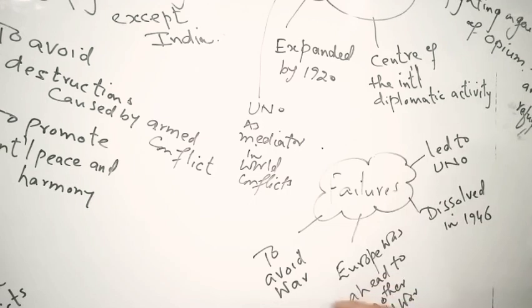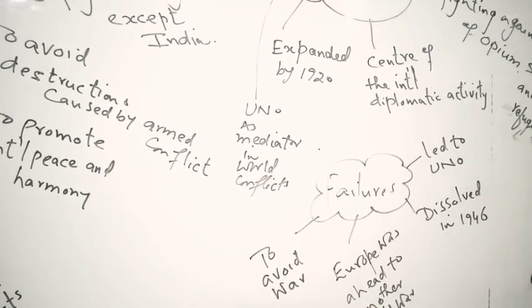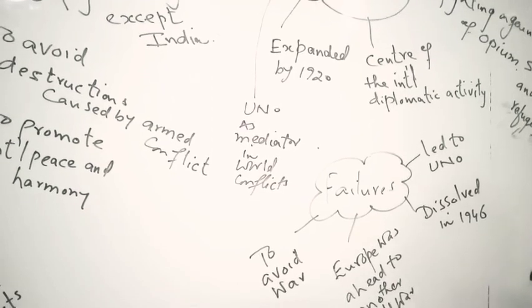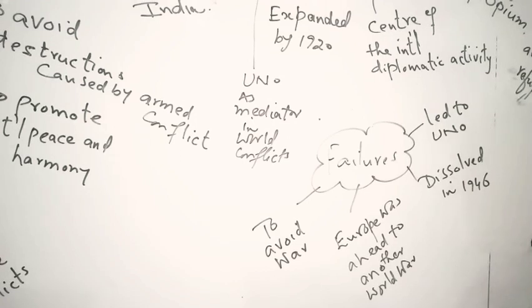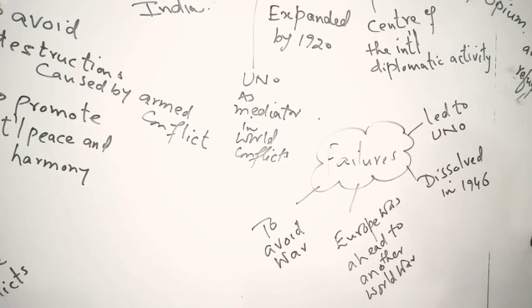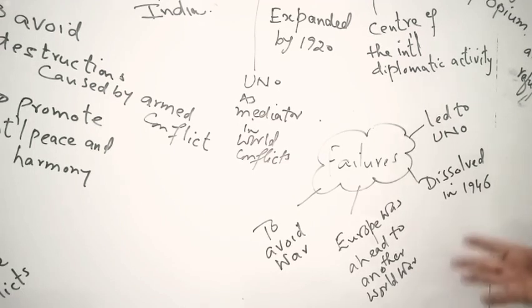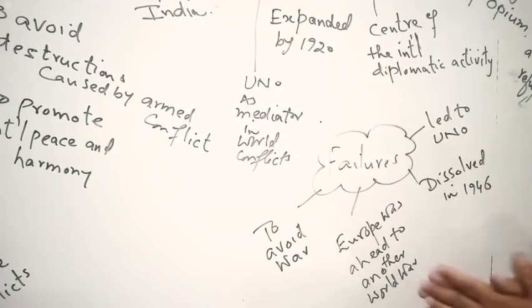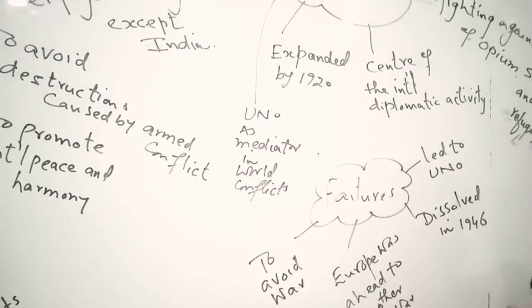The failure was that it failed to avoid war, because Europe was heading to another world war and the League of Nations was unable to avoid it. It was unable to convince the nations not to fight and not to bring different nations into war again.